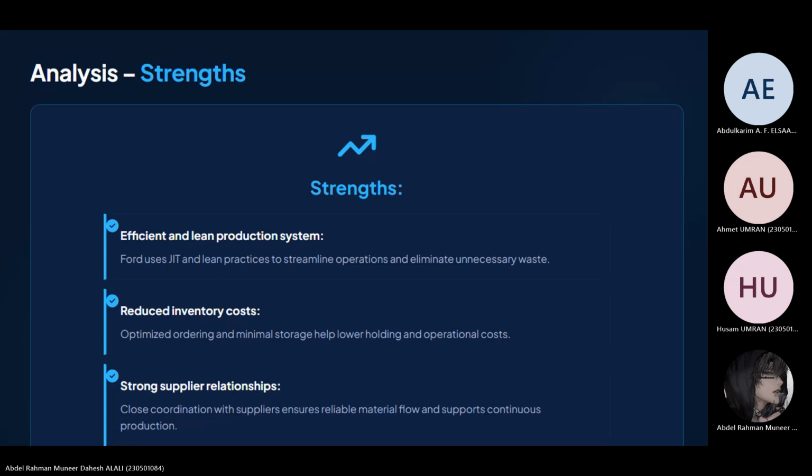Second, Ford benefits from reduced inventory cost because the company focuses on optimization of orders and keeping minimum storage. It reduces holding cost and avoids any excess inventory, which leads to better cost control.